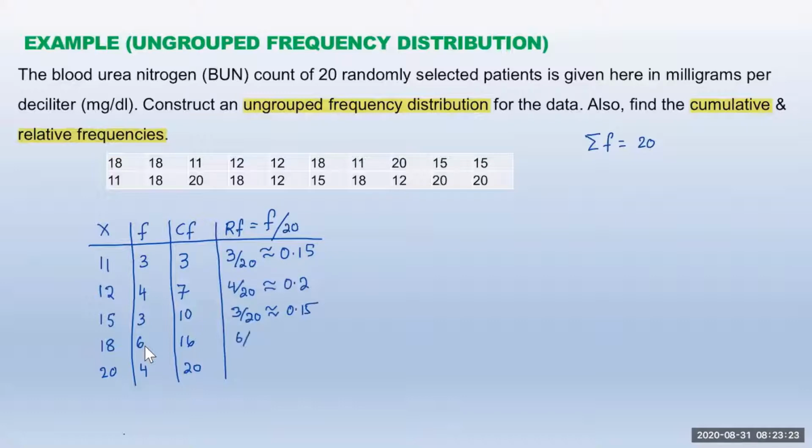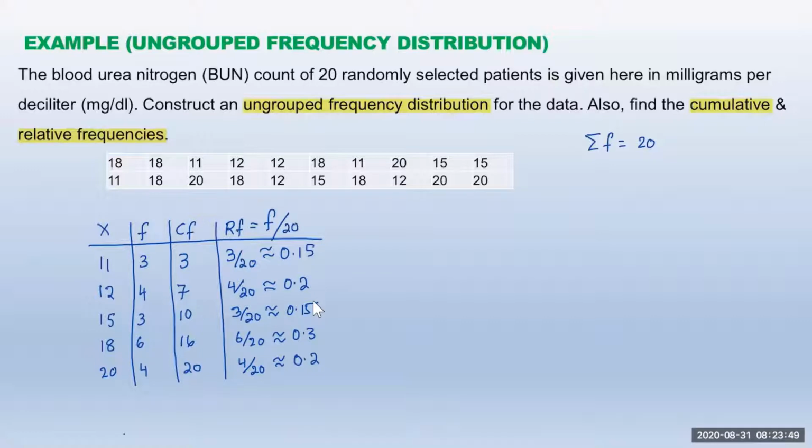The value must be 0.3. And the last one, our frequency is 4, so it will be 4 divided by 20, which is 0.2. So these are relative frequencies.